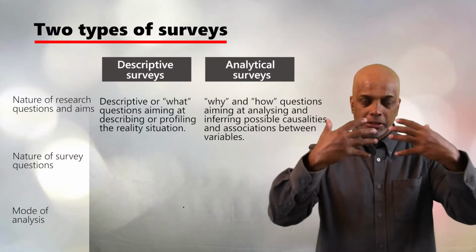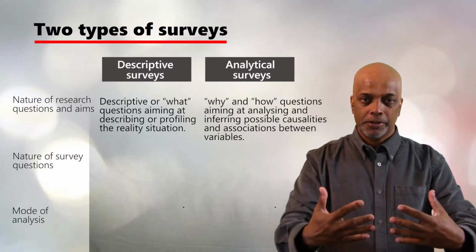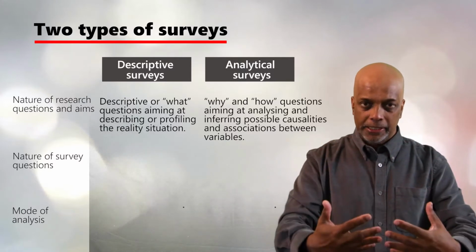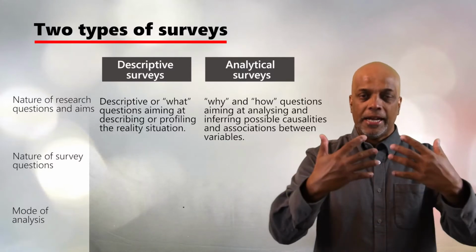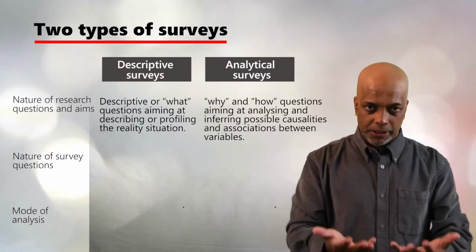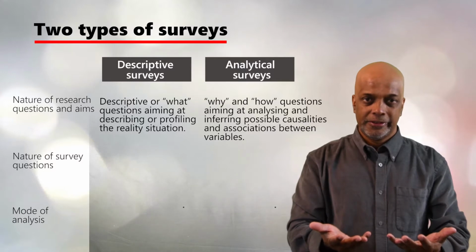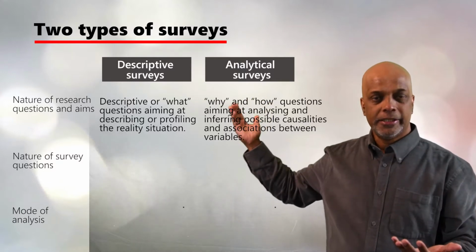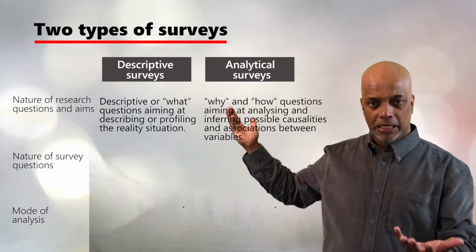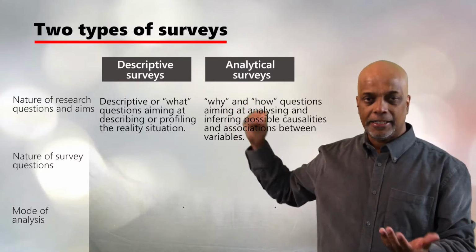So your aim is mainly to test and explain why and how a particular reality is produced and reproduced. So that is the manner in which you would think about your research questions and aims in the case of an analytical survey.